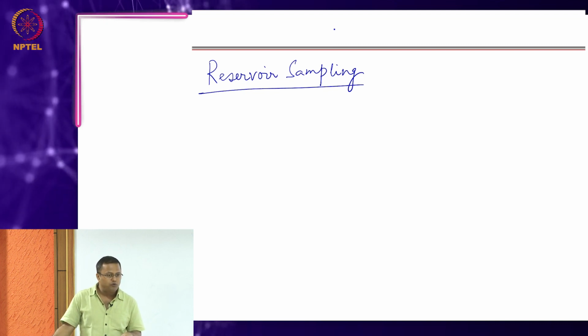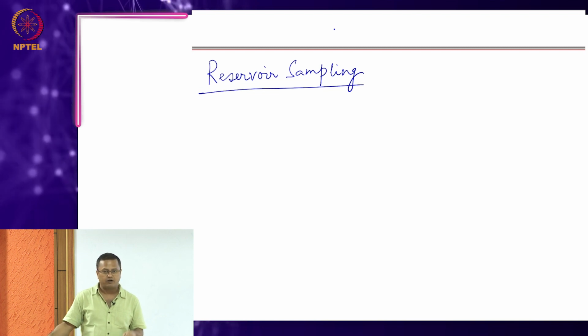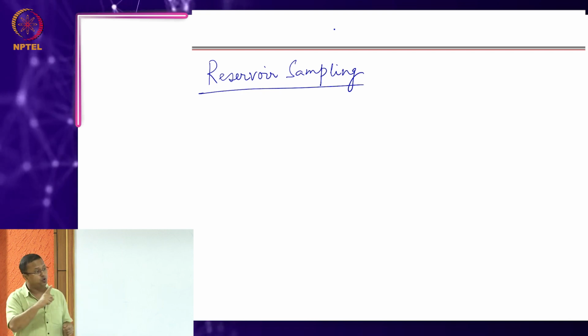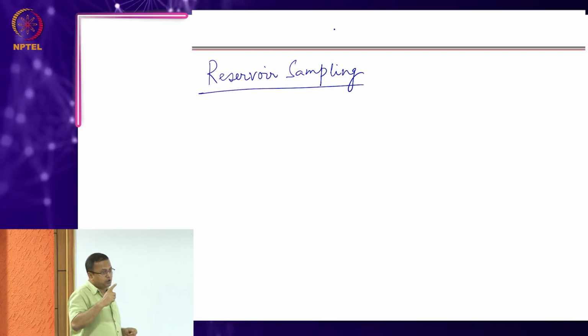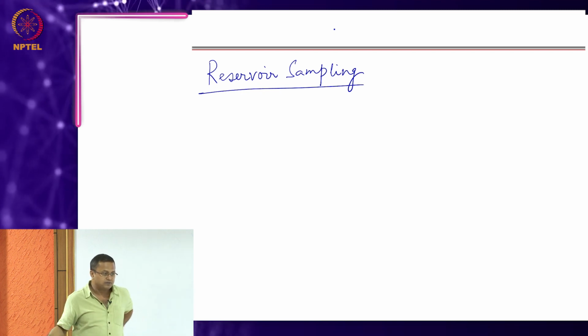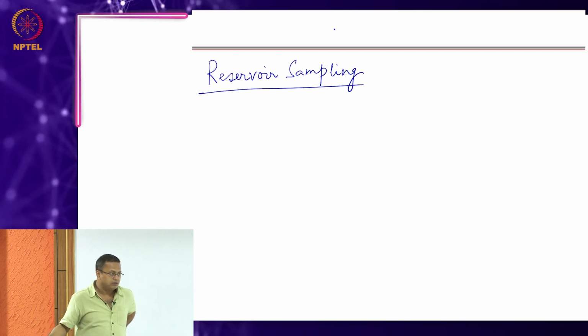Now, to draw a uniform random sample out of a sequence of traffic whose final value you do not know, because this router only at the end of the day will know how much traffic has gone past, right.